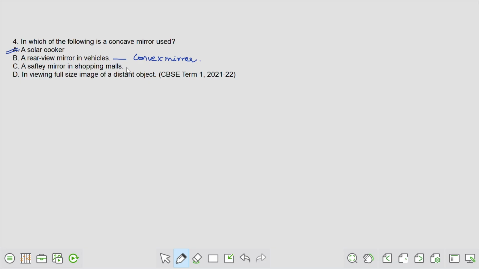Now safety mirrors in shopping malls, again a convex mirror. In viewing a full size image of a distant object, for a distant object we can use both concave mirror and convex mirror, that is, the position of the object is at infinity. When the object is placed at infinity, you get the image at focus and the image formed is highly diminished.